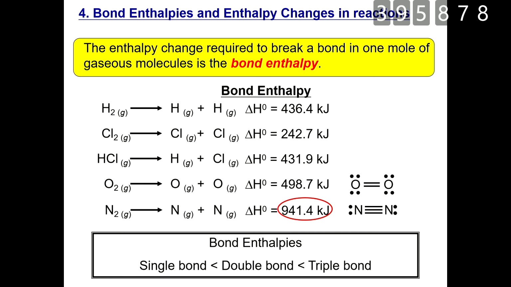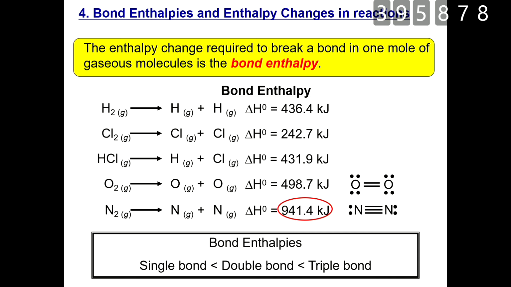Here we can see, for example, in the case of nitrogen gas, the enthalpy is much higher than the others. The reason is that nitrogen gas has a triple bond, which of course requires more energy to break the bonds between the nitrogens.